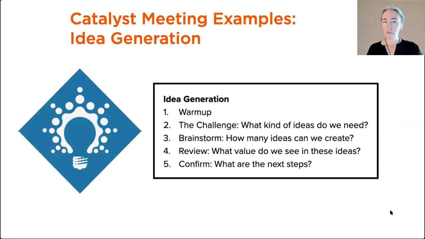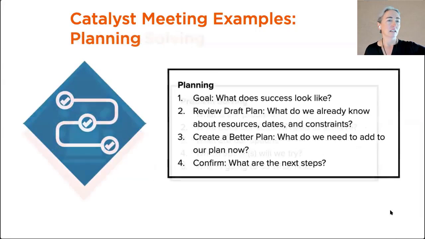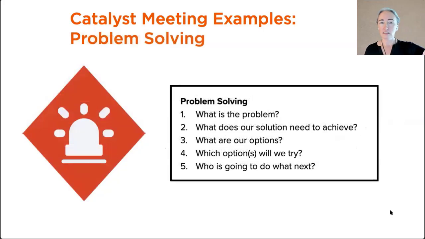In catalyst meetings, like brainstorming, planning, problem solving, we have a set of sequences that we run through that are pretty standard. So problem solving, we tend to start with what. In all of these, what are we talking about? So in problem solving, it's super useful to start with what is the problem?